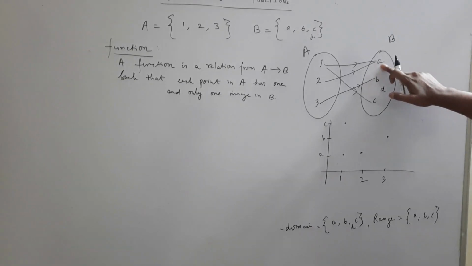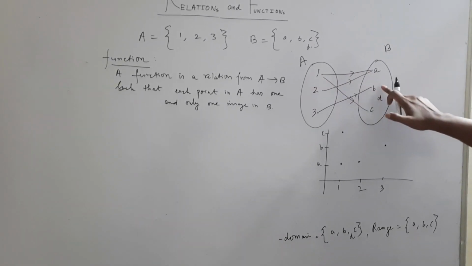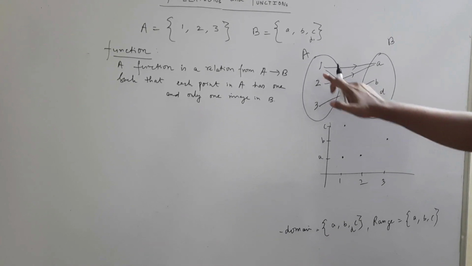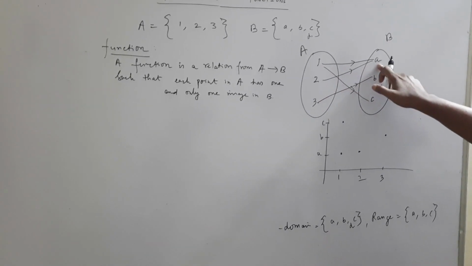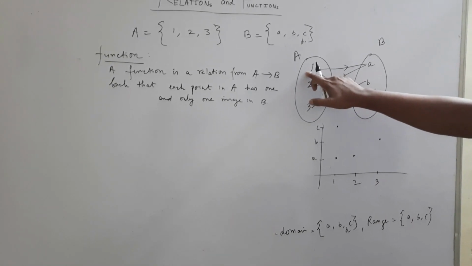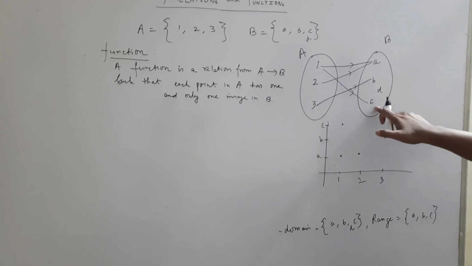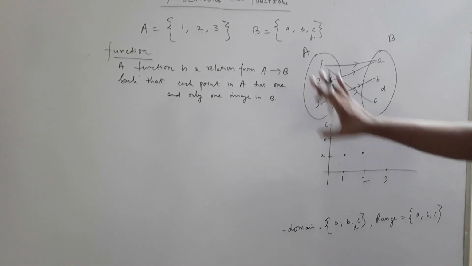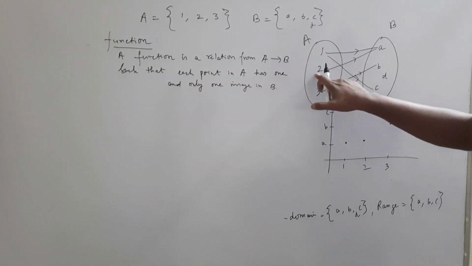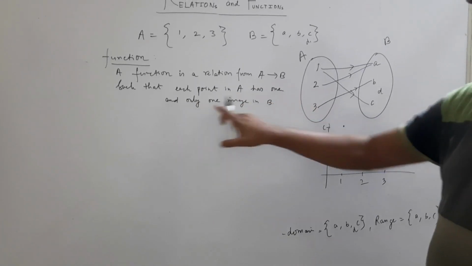A is called the image of 1, B is called the image of 3, C is the image of 1, and here A is the image of 2 also. So 1 has two images, A and C. That's why by this definition, each point in A, like 1, 2 and 3, must have only one image.